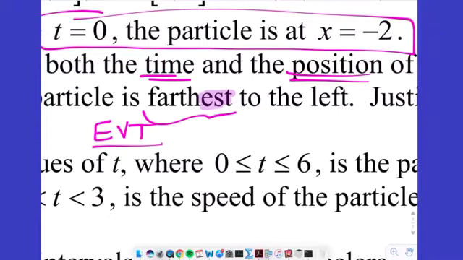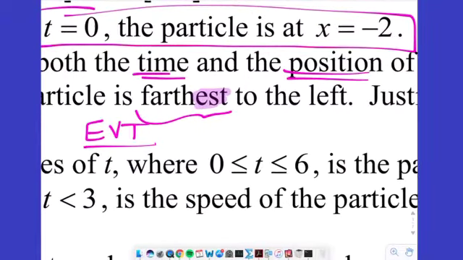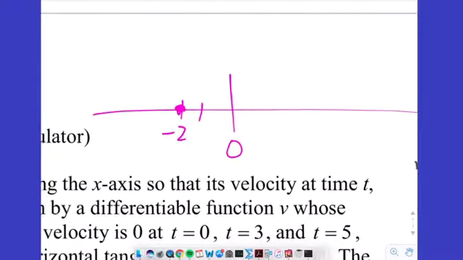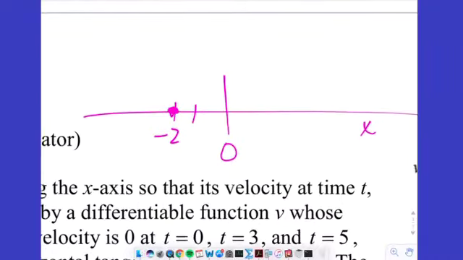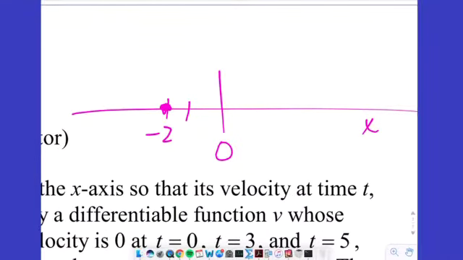So first of all, if we're trying to figure out where the particle is farthest to the left, are we trying to maximize or minimize something? Remember, here's the x-axis. Minimize, good. We're trying to minimize its position. If it said farthest right, that's where the bigger numbers are found.